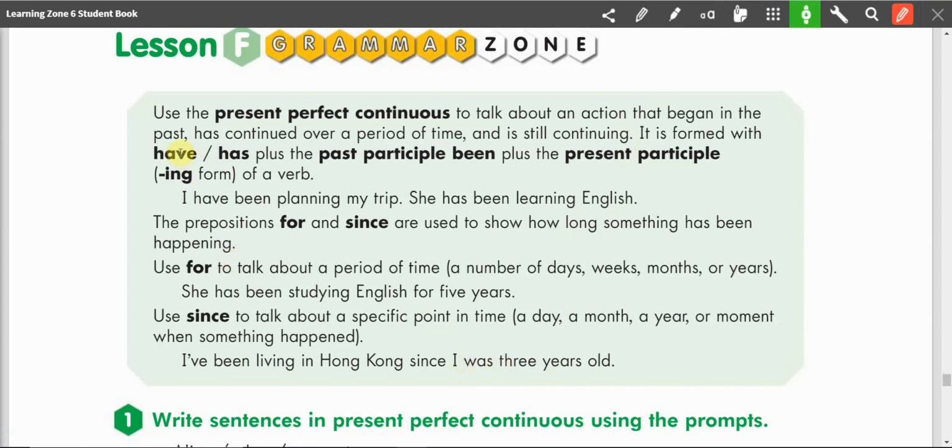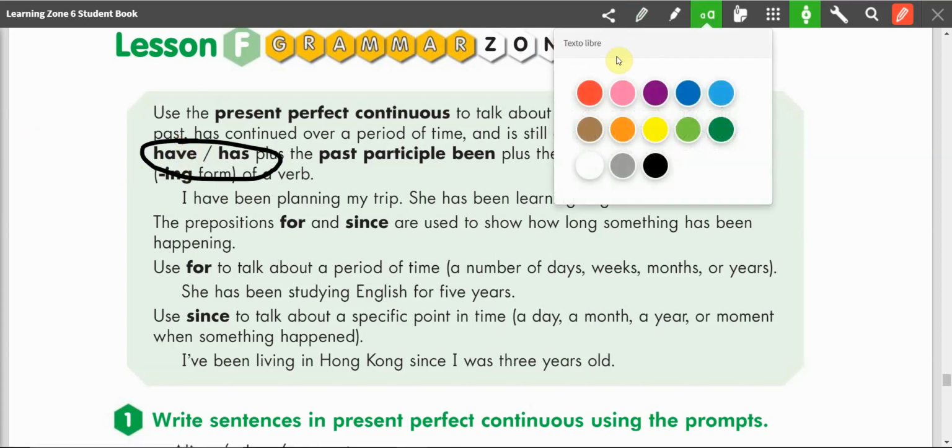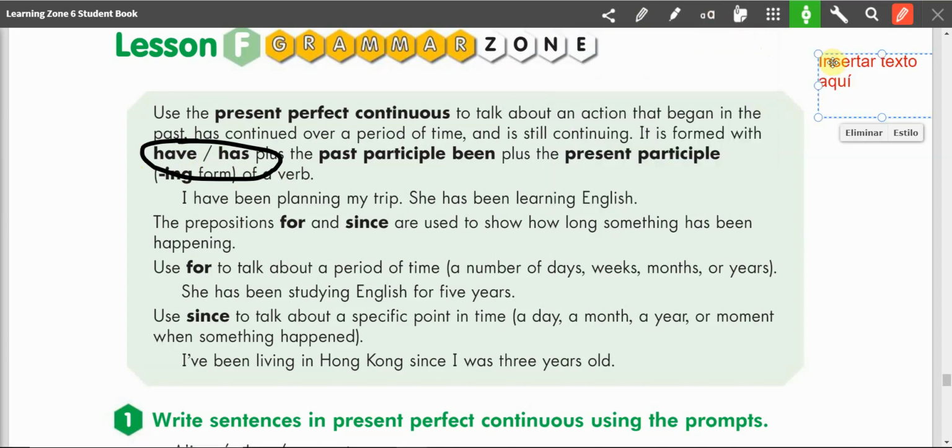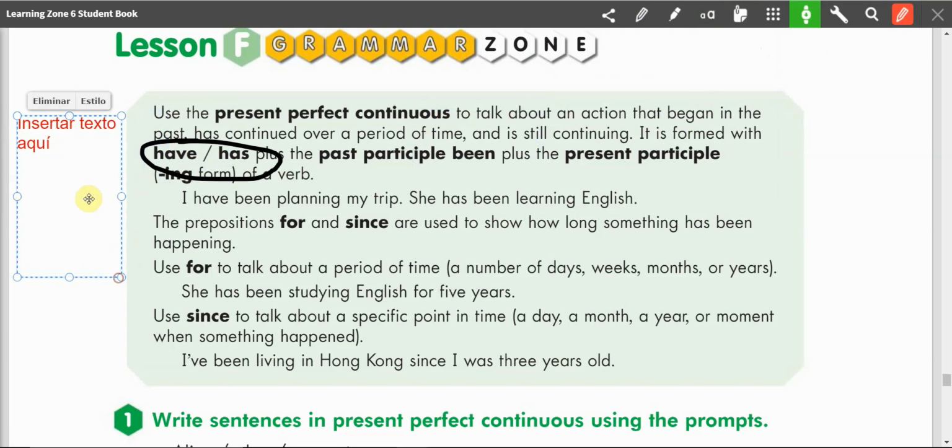So I'll give you a couple notes. All right, so your subjects, this will be have and has. All right, let's move this over here. Let's work on this section. So your subjects in English are I, you, he, she, it, we, they. All right, so for I, you always use have.